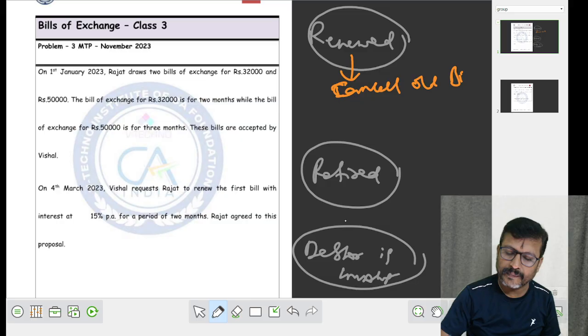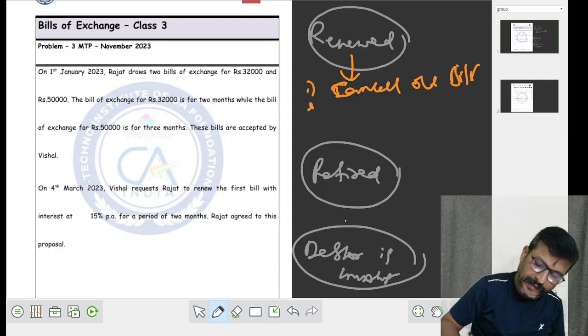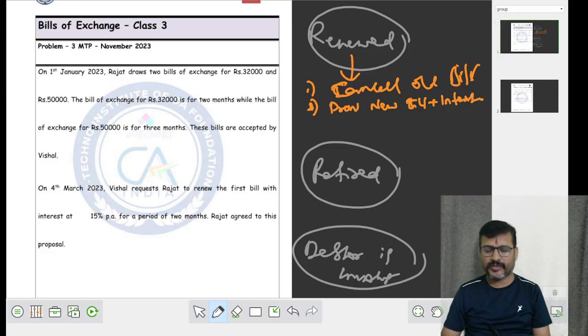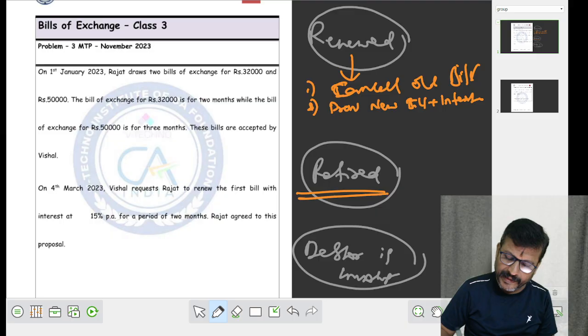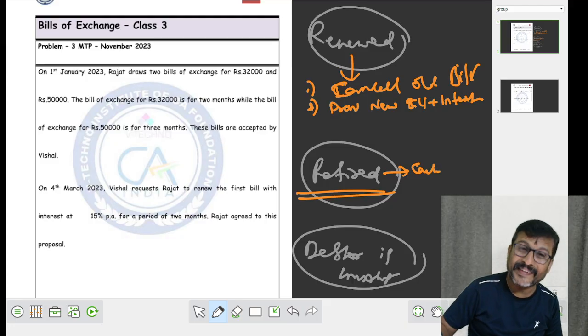the old bill. We have to cancel what? The old bill. After that, what to do? Draw a new bill along with interest. When the bill is retired, we receive the cash.